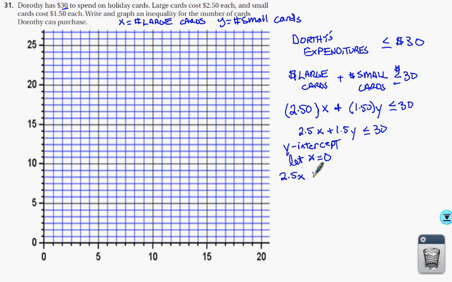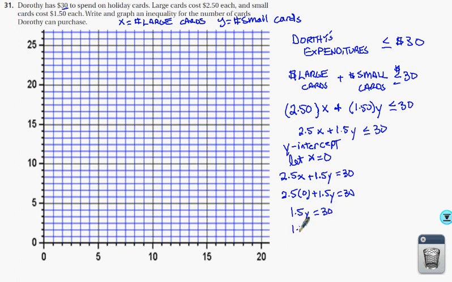So 2.5x plus 1.5y equals 30. If I substitute 0 in for x here, 2.5 times 0 plus 1.5y equals 30. This term drops out and I'm left with 1.5y equals 30.